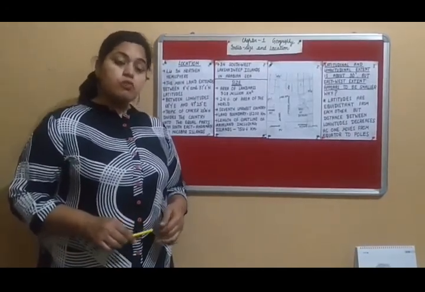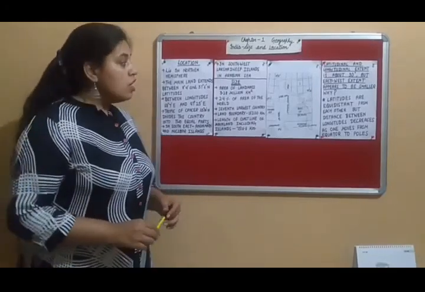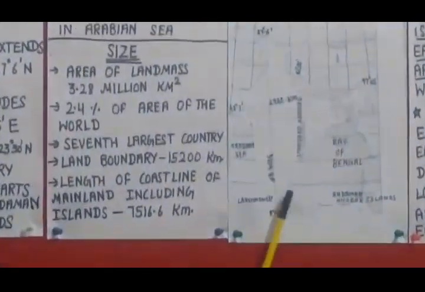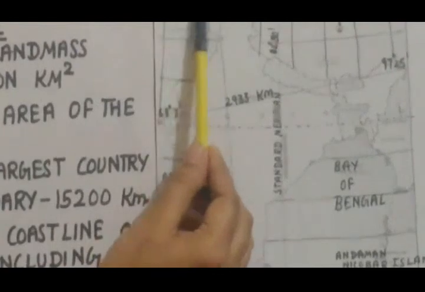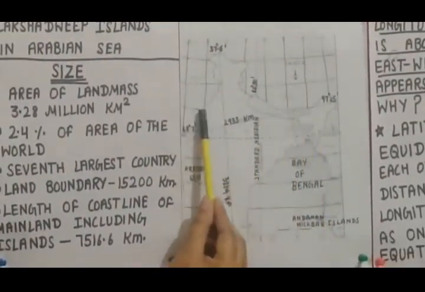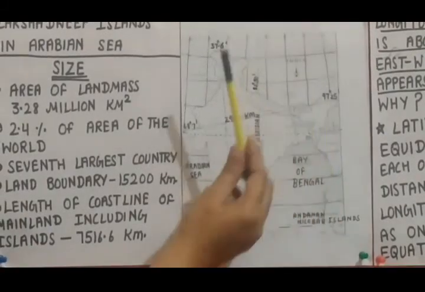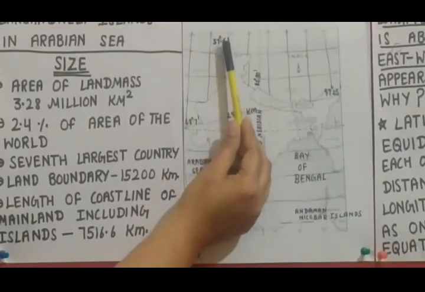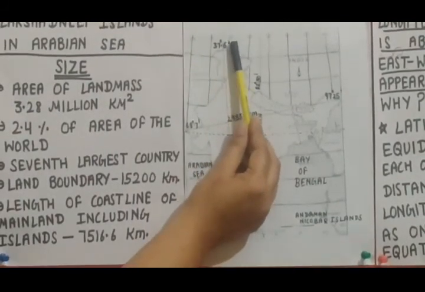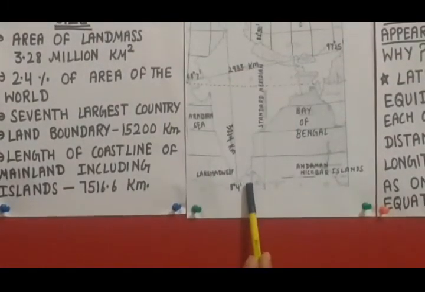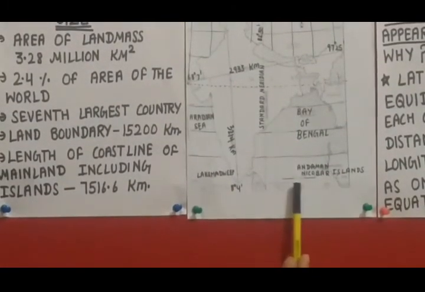Just to know about the location, we will move to this map. Just see carefully here. These are the latitudes. Can you see these parallel lines? These are the latitudes. India lies from 37 degree 6 minute north to 8 degree 4 minute north latitudes.